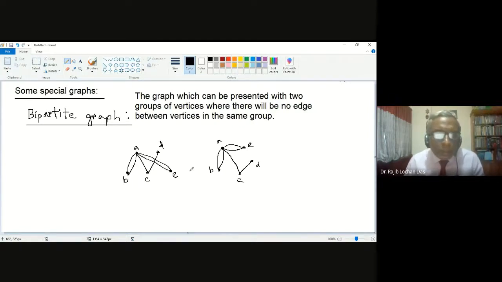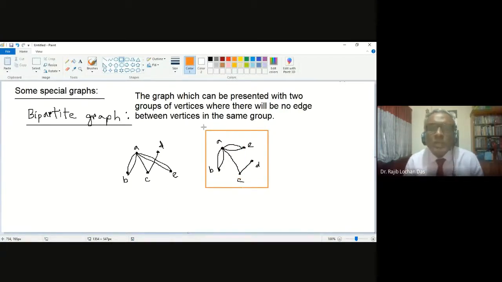Any more missing? AC is already there. CD is already there. Anything missing? No, it is not missing. So if I give you this graph and ask, is it bipartite or not? Then you will think, is it possible to present like this?